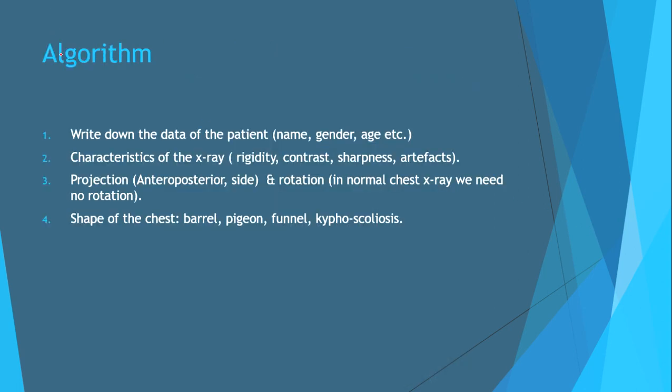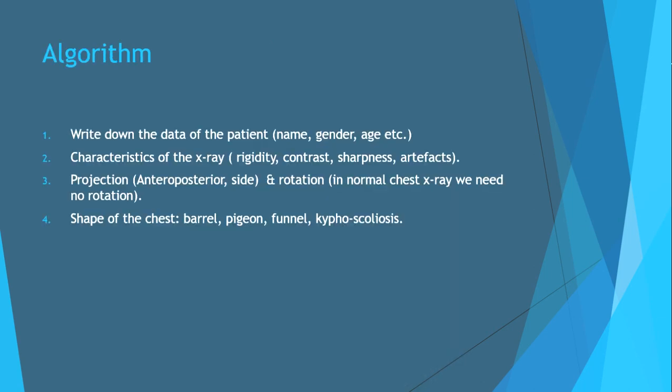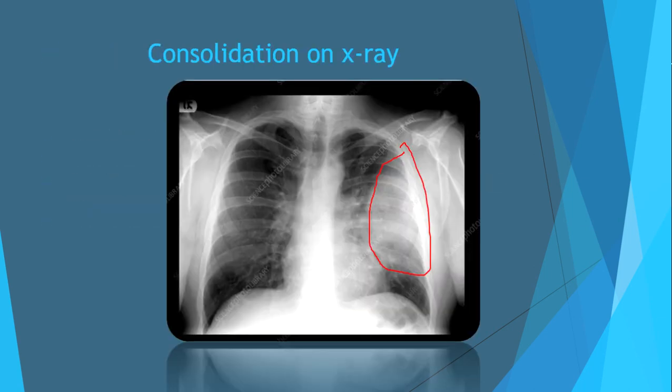And here we have the algorithm for how to read the chest X-ray. First, write down the data of the patient: name, gender, age, etc. Second, characteristics of the X-ray: rigidity, contrast, sharpness, and artifacts. How can we say about sharpness?